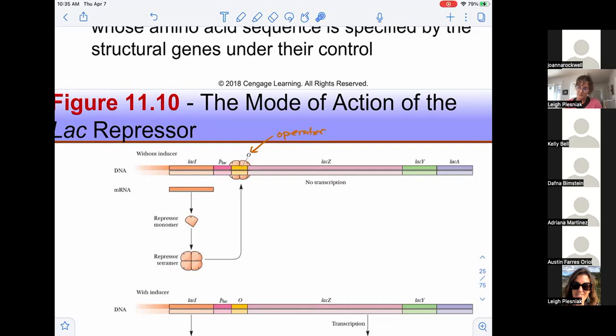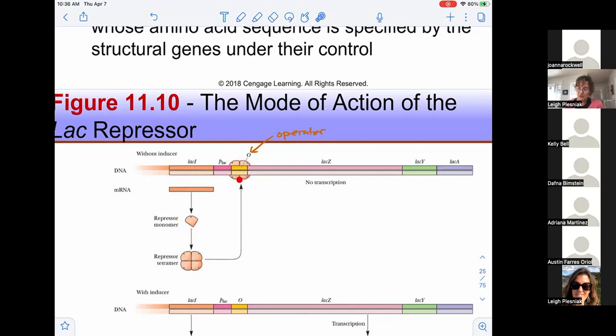So what this is showing here, this is the gene that codes for the repressor. This is the lac repressor messenger RNA. It gets translated into its protein and forms a tetramer, so it has an oligomeric structure. Under normal conditions, the repressor binds to the operator.